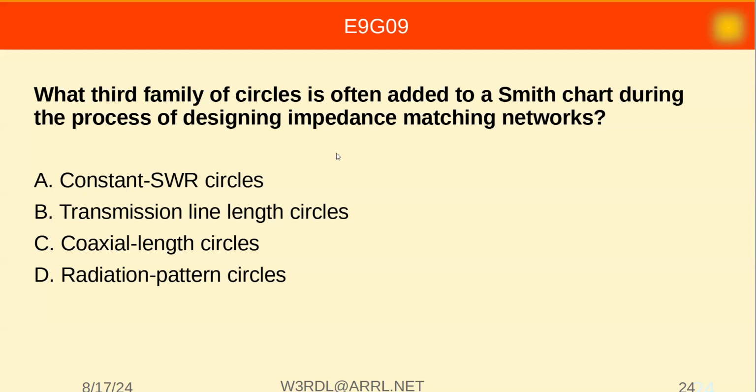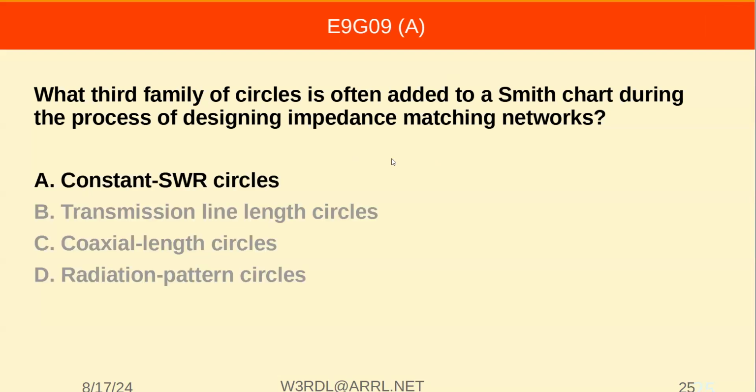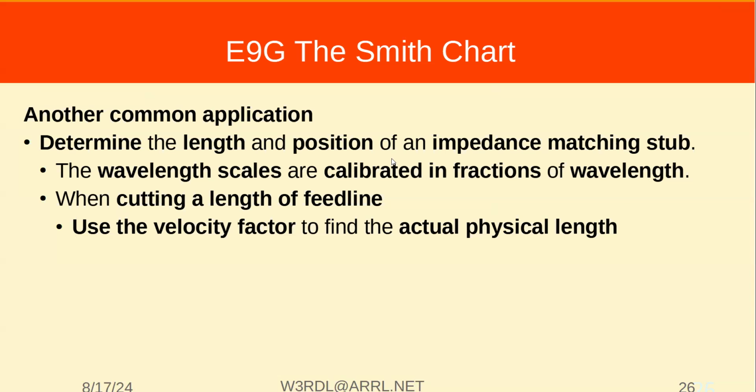Oh, okay. Another common application is to figure the length and position of a stub. And we're not going to go into how to do that. You kind of calculate it and you come up with the electrical length for the stub and the electrical position. And then you have to apply the velocity factor to find out the physical lengths to go along with it.